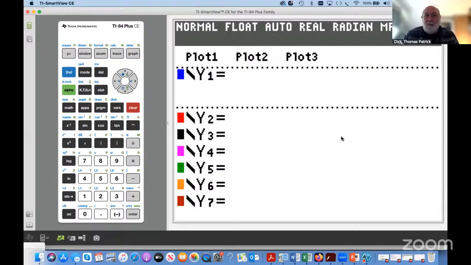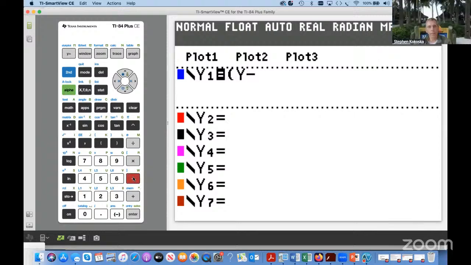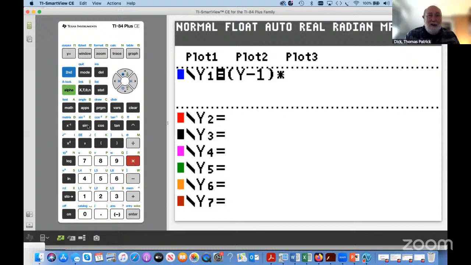The way this slope field program works is it expects that you put your differential equation expression for the derivative, your dy/dx, into y1. This looks a little strange, but I'm going to put in the differential equation expression we had for this problem: alpha y, y minus 1, that quantity, times sine x.